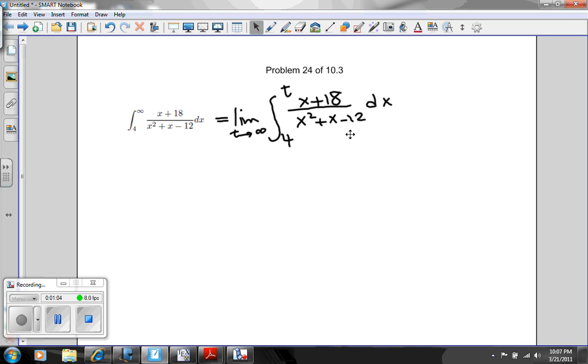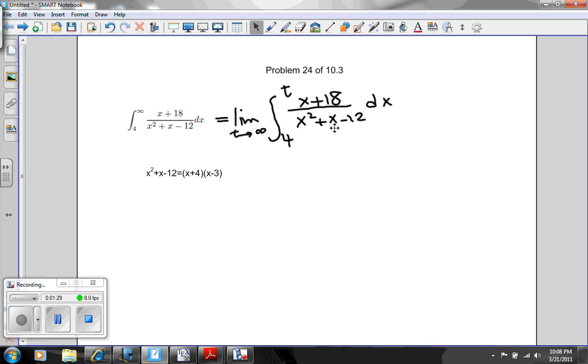So the next thing you think of is, can we factor the denominator and use partial fractions to solve this? Let's look. x squared + x - 12: two numbers whose product is negative 12 and whose sum is 1, and that is (x + 4)(x - 3). That's how we can factor the denominator.